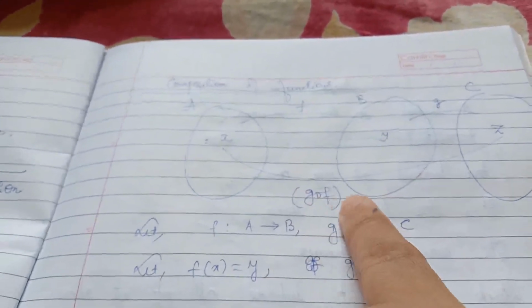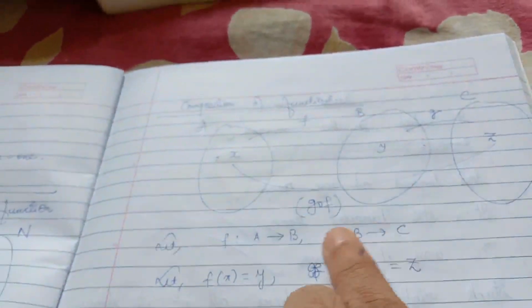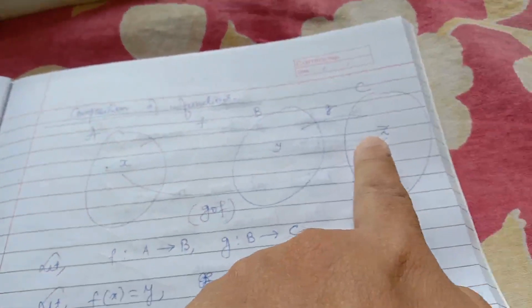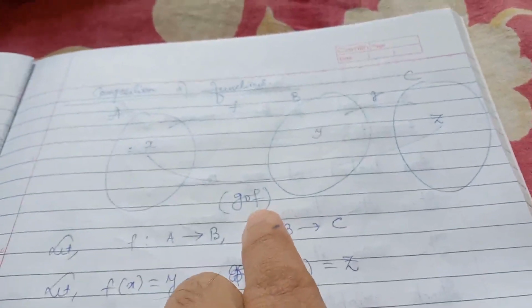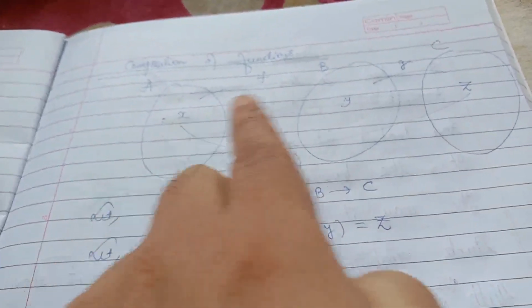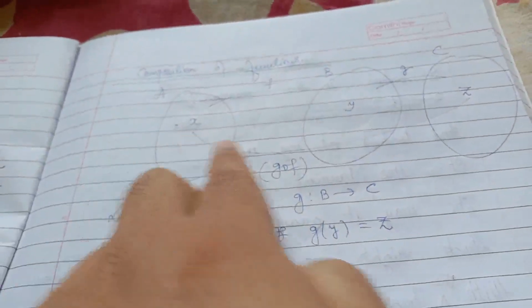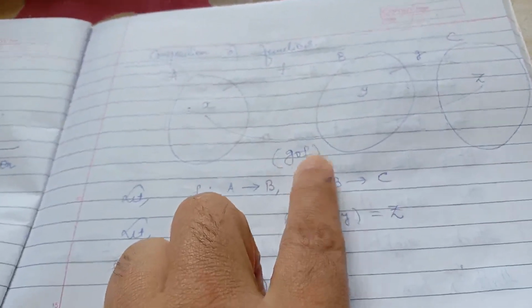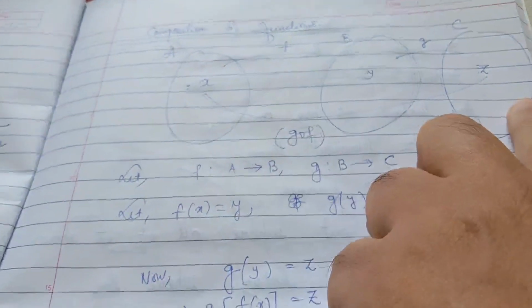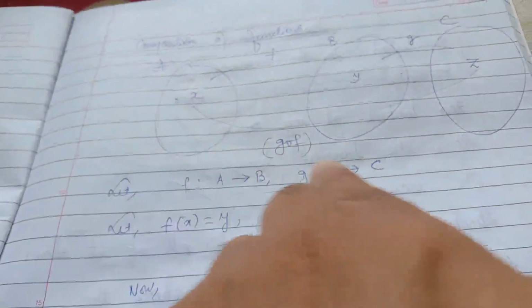From this side you start. f is a function from A to B. Next g is a function from B to C. Ultimately g composition f is a function from A to C. First you think about f from A to B, then g from B to C, ultimately A to B, B to C. g composition f is a function from A to C.